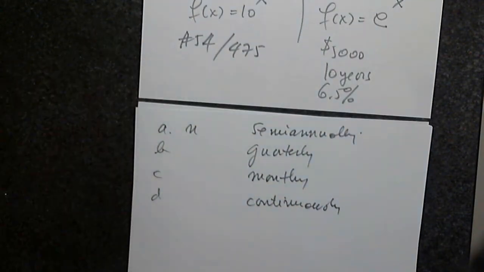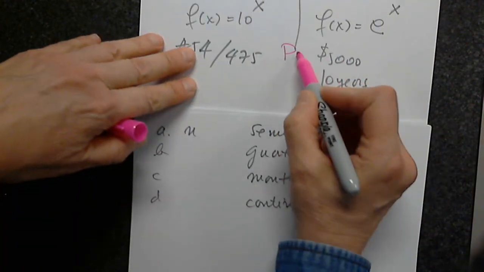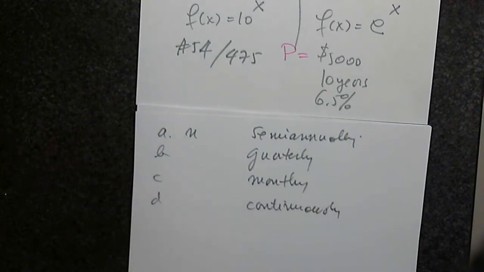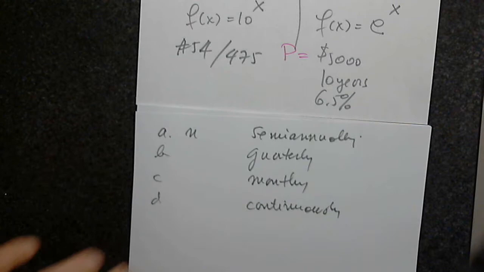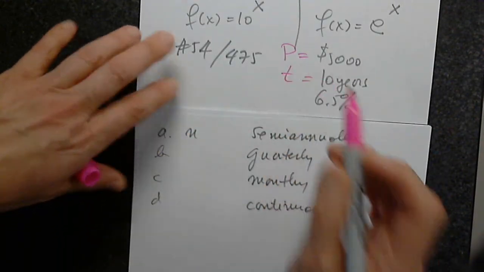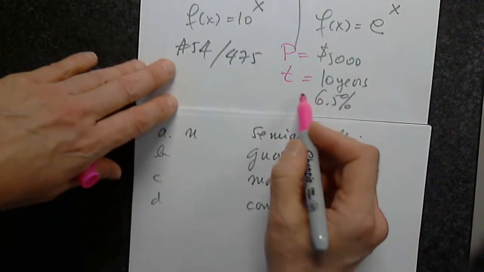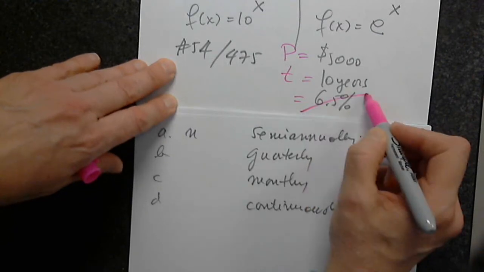Let's go back, read the problem one more time, and establish what is given to us. What do you think 5,000 means? $5,000 is your principal. Absolutely. Do you all agree with the principal of 5,000? Okay. What does 10 years represent? Good. What does 6.5 represent, which cannot be used?